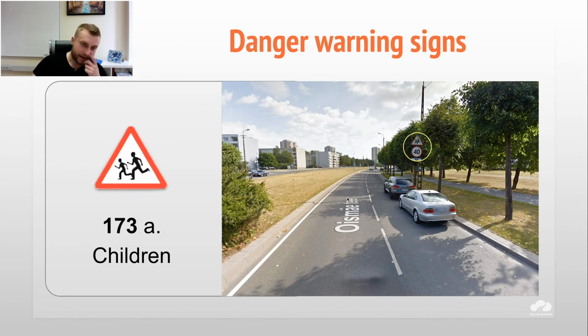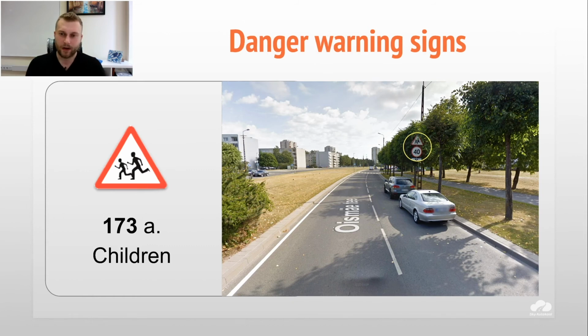Children ahead, the same logic here. It means somewhere nearby a school or kindergarten is located. That's why we have a speed limit of 40. Also pedestrian crossings, a lot of them here. It's in Eastman, maybe you recognize the place.